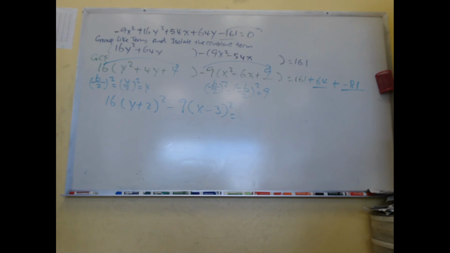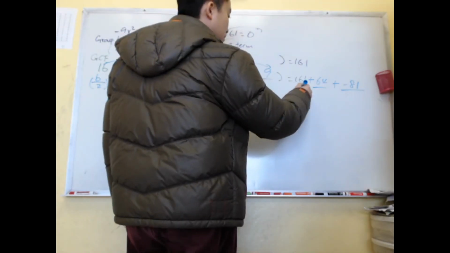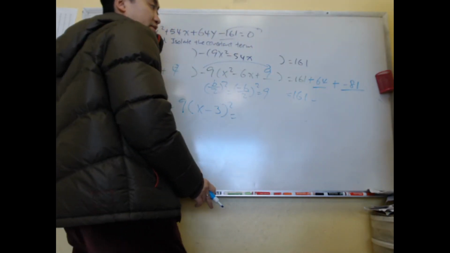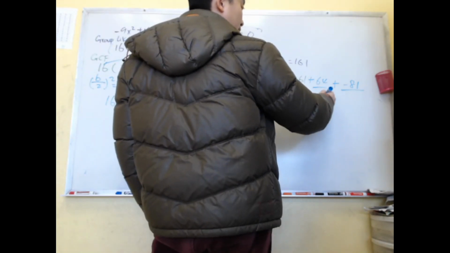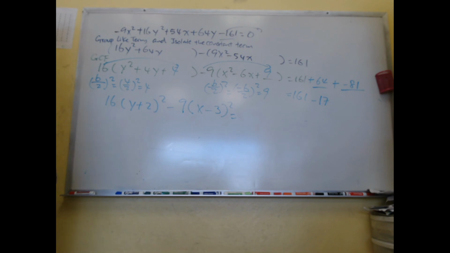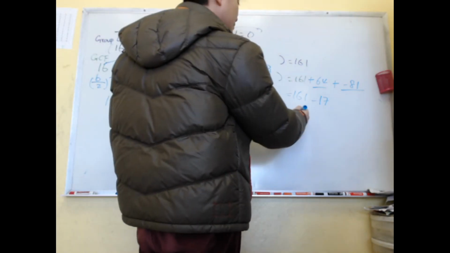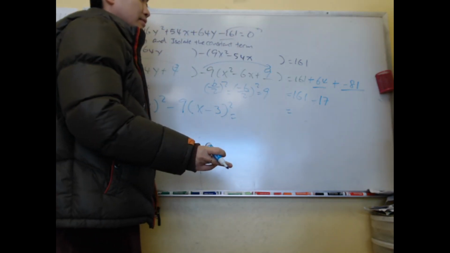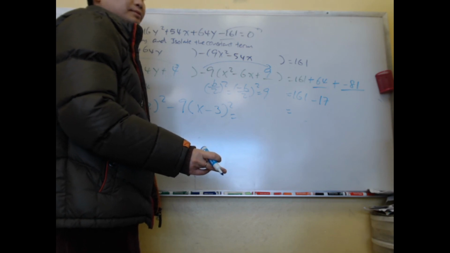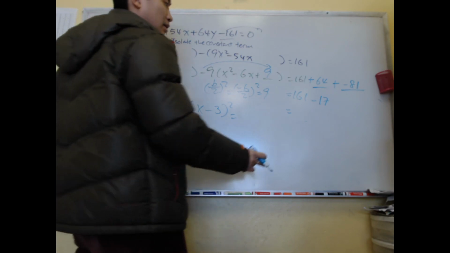So what's 161 plus 64 minus 81? So this one is 161 minus what? 144.